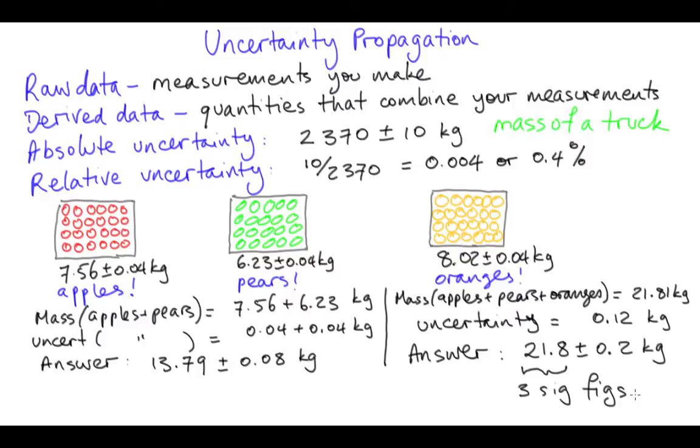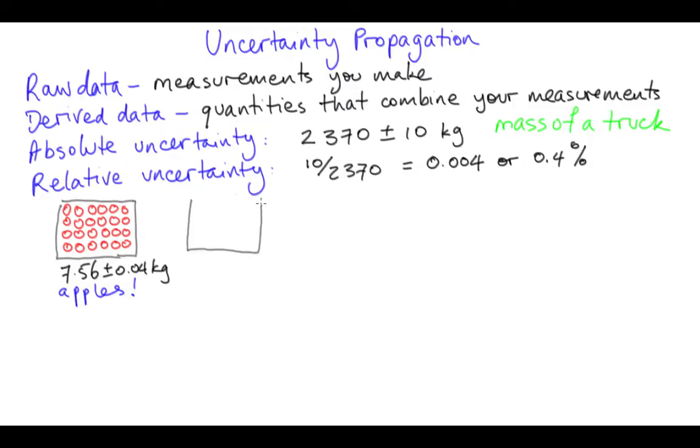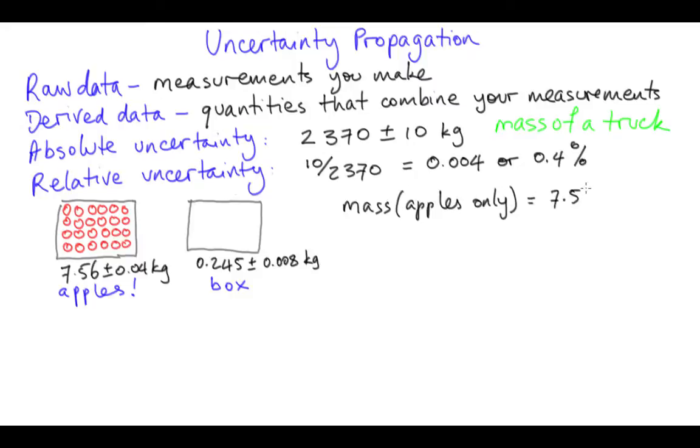Now suppose I know that the box the apples are in weighs 245 grams, plus or minus 8 grams. So in kilograms, that's 0.245. And what's the weight of the 2 dozen apples I've got in there, not counting the weight of the box? So I have to subtract the quantities, but I still have to add the uncertainties.